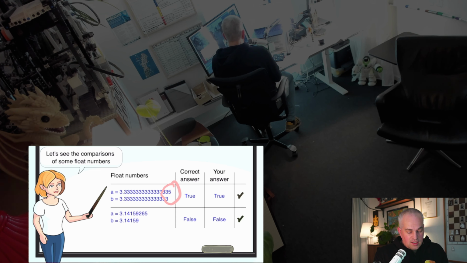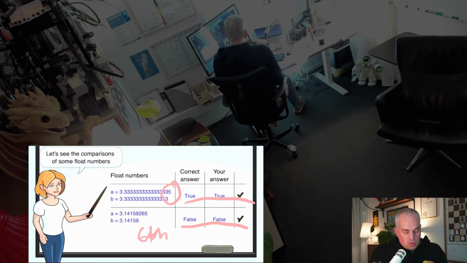When you have that many decimal places, the ending is no more relevant. So we should say that these two numbers are the same, as you see here. And then we have the other example where it's deviating only in the 6th decimal place. And that is a bit too early for it to be considered the same number. So here we should return false. They are not the same in our equality check.